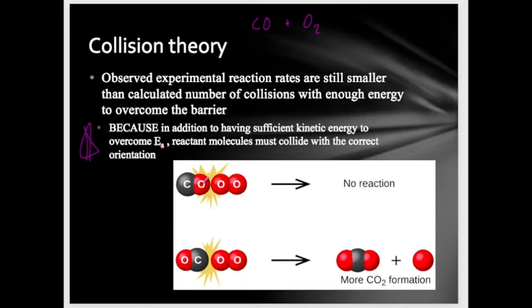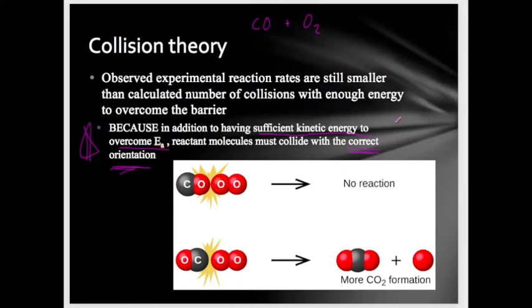In other words, if they collide oxygen to oxygen, that does not end up resulting in a reaction. But if they collide carbon to oxygen, that does result in a reaction. So not only do I have to have sufficient kinetic energy to overcome the activation energy, but they also have to collide with the correct orientation.